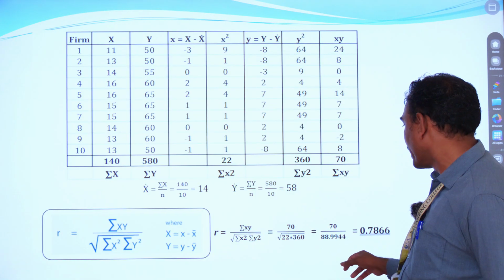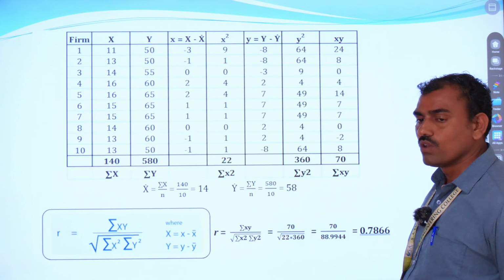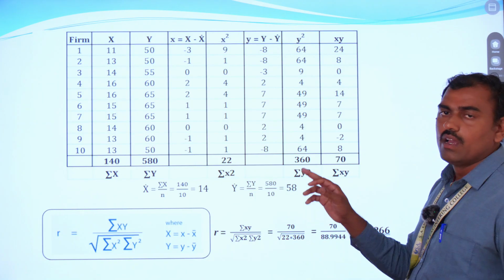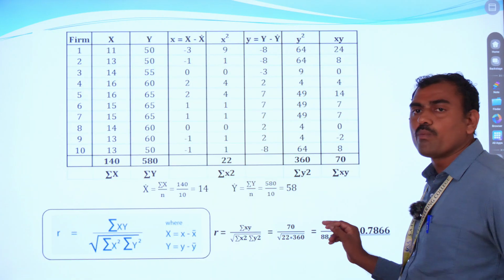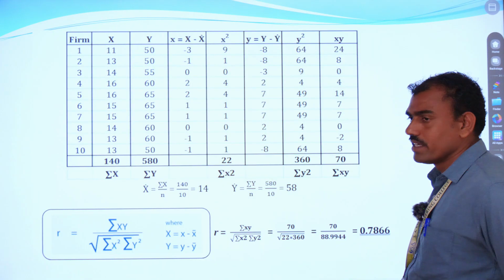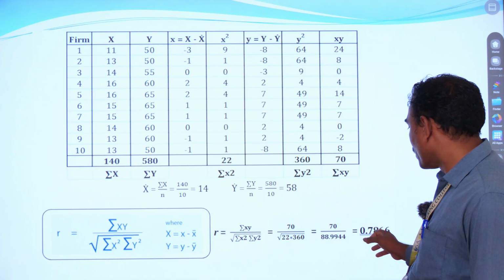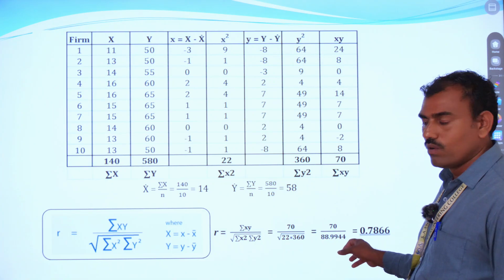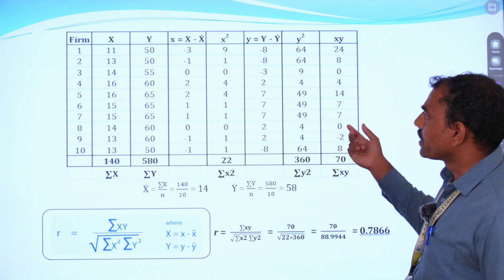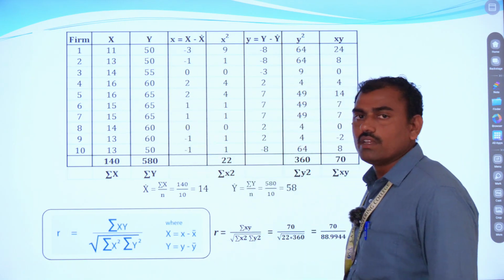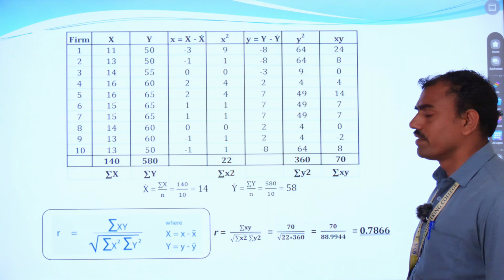So 70 divided by 88 equal to 0.7866. The correlation range is minus 1 to plus 1. Here the value 0.78 is between minus 1 and plus 1, so it is correlated. This is a positive value, so x and y are positively correlated, and its degree equal to 0.78.